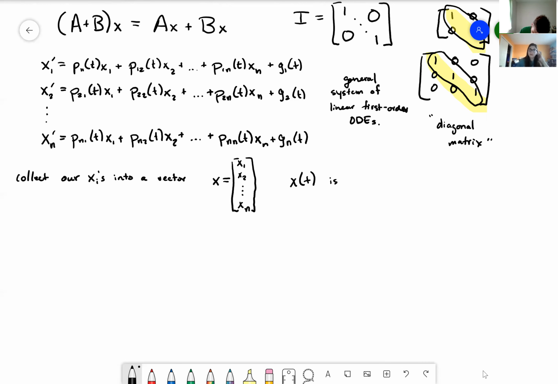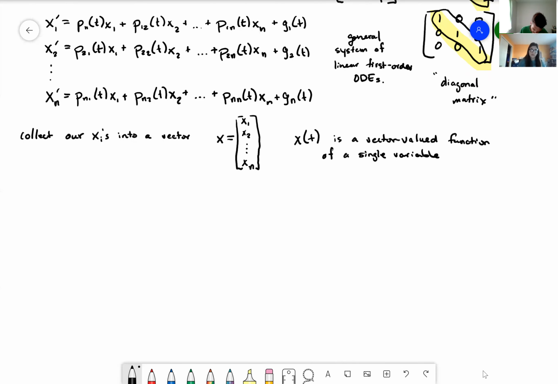So this is a vector valued function. We can think of it as collecting together all of our functions of a single variable with a single output, or we can think of it as now a function that outputs a vector if we input a t. So this is of a single variable t.